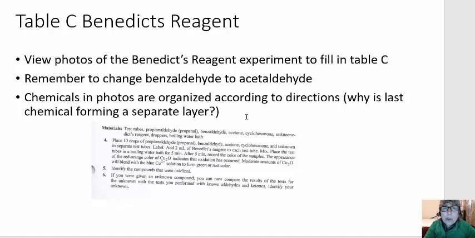And then the chemicals in the photos, it may be hard to read the labels, but they are organized according to the directions. So on the far left is propanol or propionaldehyde, then comes acetaldehyde, then acetone, cyclohexanone. And the unknowns are in a separate photo. So you're going to use the photos that are found on this page a little bit lower to answer the questions about Benedict's reagent.